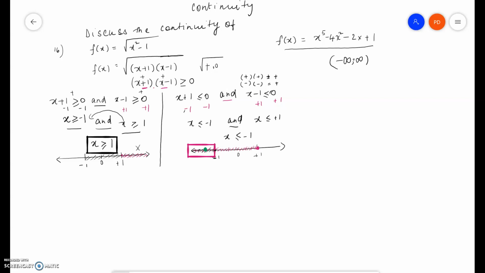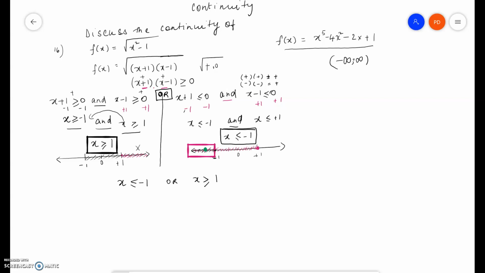So remember, we started off with two cases. It could be both positive or both negative, and that's how we got the two inequalities, which is x greater than or equal to positive 1 or x less than or equal to negative 1.